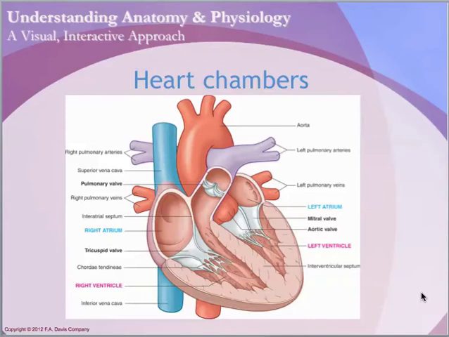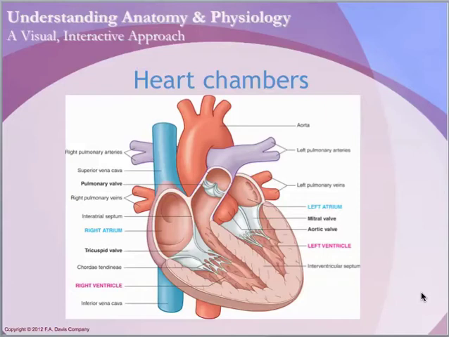The ventricles then receive this blood and pump it to the lungs, the right ventricle, or the body, the left ventricle, and they're separated by the interventricular septum. Because the ventricles pump blood, they must generate more force than the atria, and therefore their walls are thicker. Because the left ventricle must generate force to push blood throughout the body, its walls are the thickest.